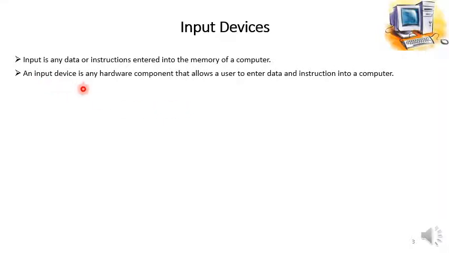An input device is any hardware component that allows a user to enter data and instructions into a computer, and the device which is used for entering this data into the computer as an input is called an input device. So it is also a hardware device.